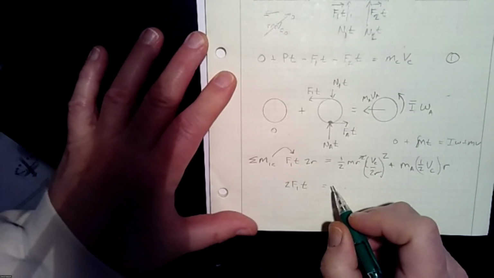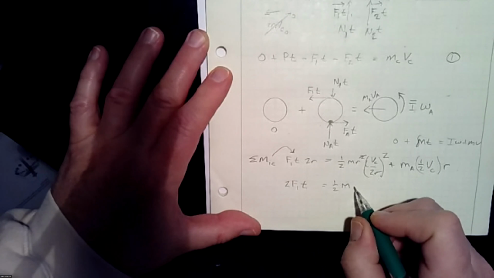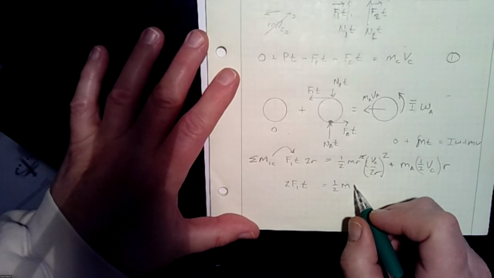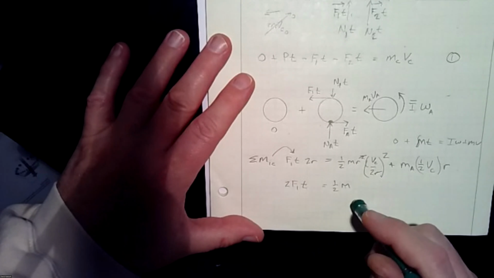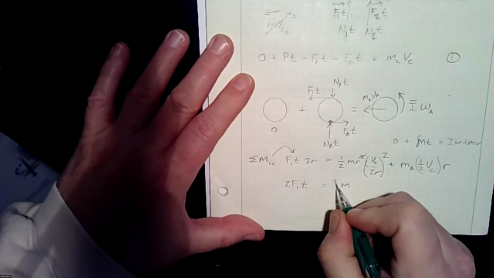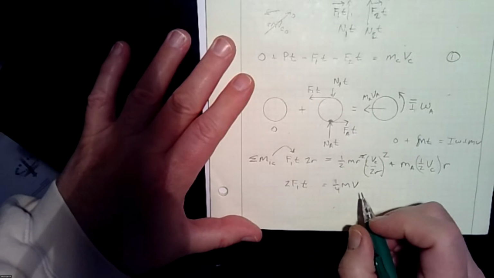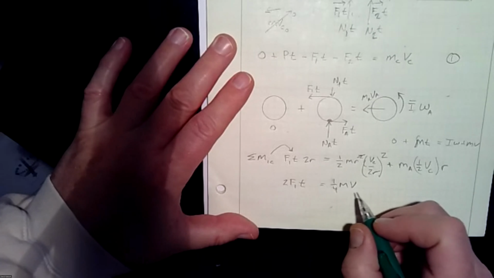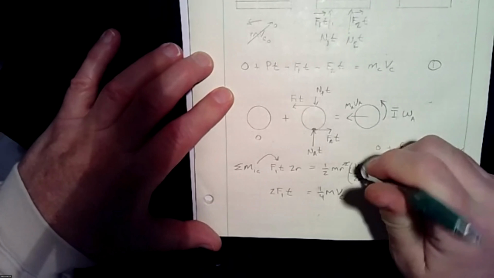So then that's going to equal what? 1/2 M R, not R squared, M, oh wait, I'm sorry. Yes, so then we have a 2, so it's going to be 1/4 M, and then it'll just be VC. Should be VC, yeah. But that term is squared, so that should be, yes, of course. This square doesn't belong here. I apologize for that. I was thinking I omega squared from energy, but no, that's not there.